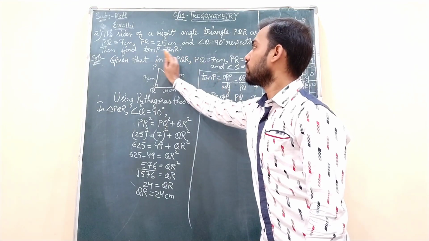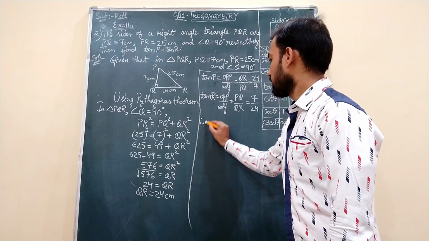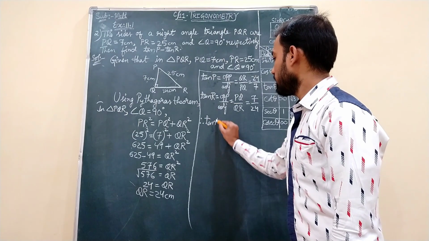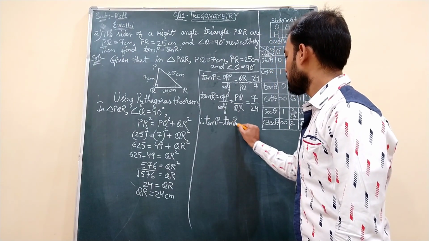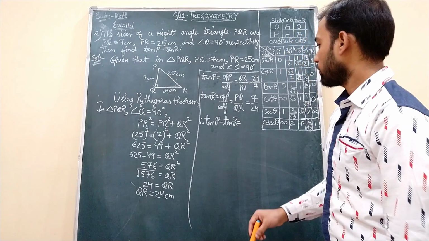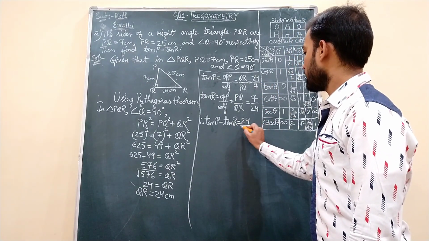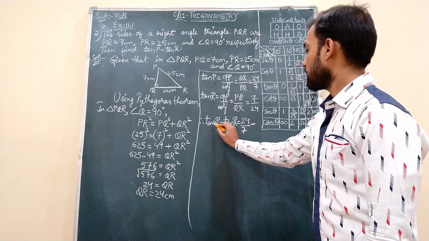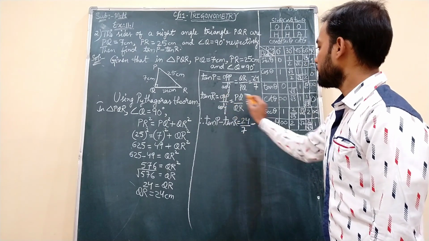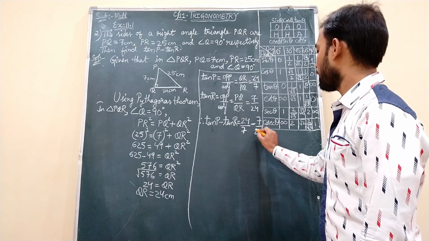Now we will go for subtraction. Tan P minus tan R equals, the value of tan P is 24 by 7 minus tan R. Tan R is 7 by 24.